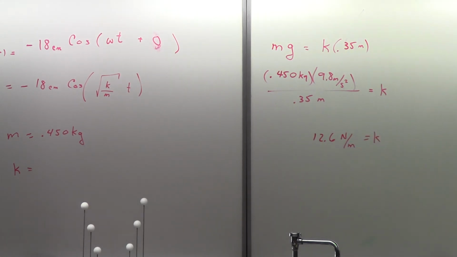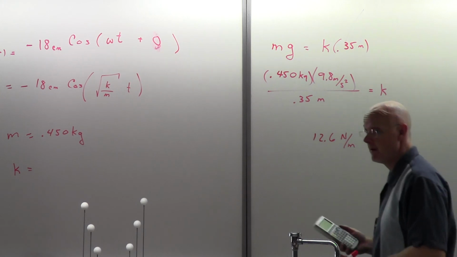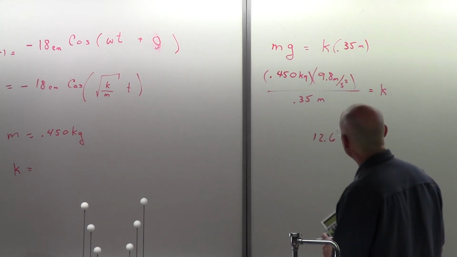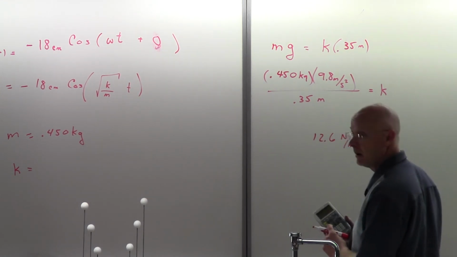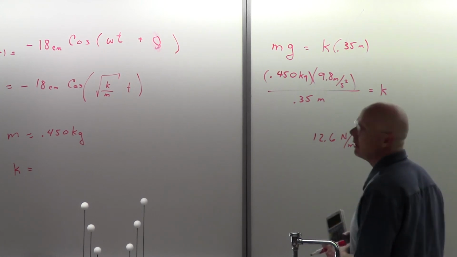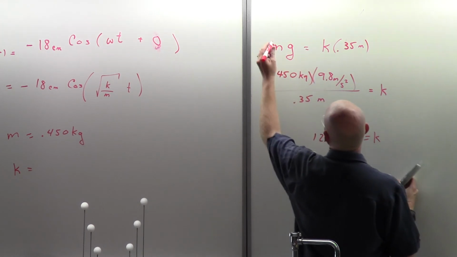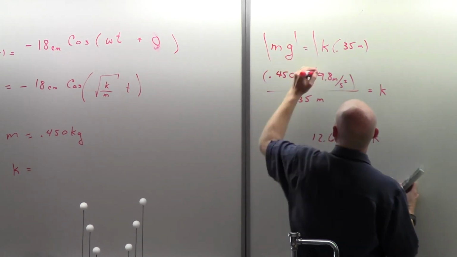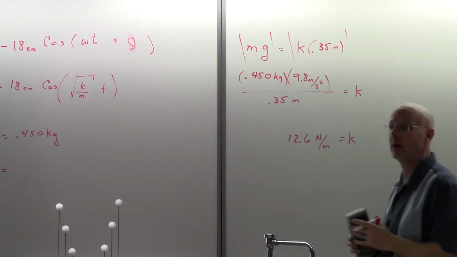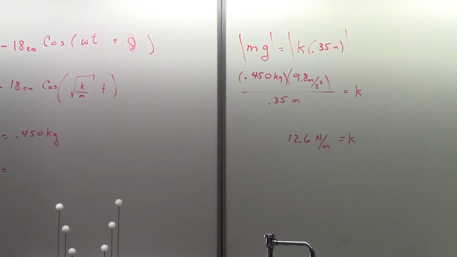So I have k. I have k and I have m. That gives me omega. Yeah. I noticed that the sign convention is different. Does that matter? Sign convention, where? You're using 35. Oh, okay. So, yeah, because what I guess I really have is the magnitude of that equals the magnitude of that. Yeah. So I mentally dropped that negative sign there. Do we need to pay attention to that, or can we just assume that it's the magnitude?